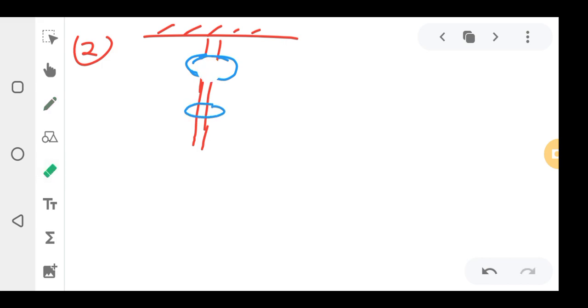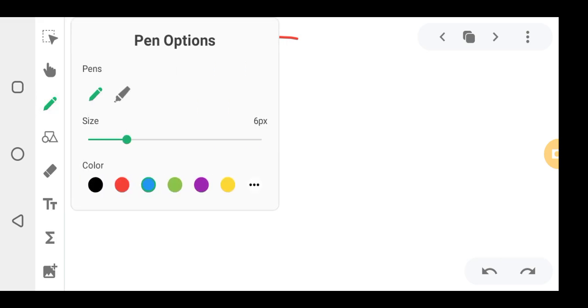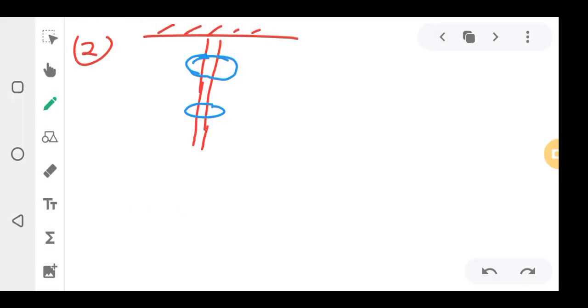So first pulley, second pulley, and then it has got the third pulley here. It has got the third pulley there, and then it has got another pulley here, and then another one there.